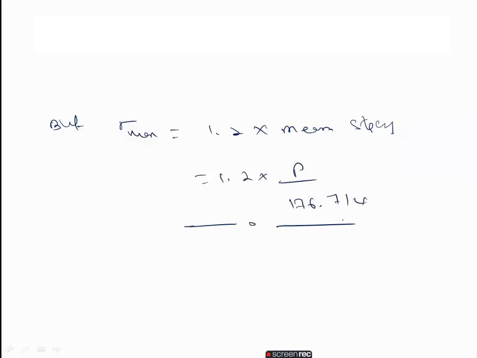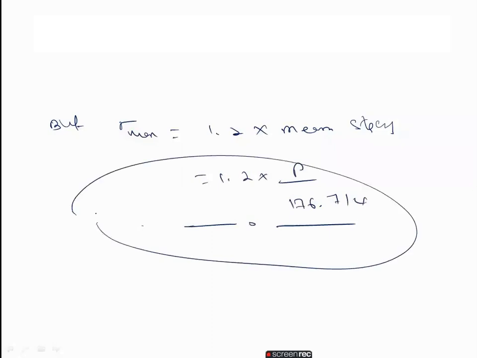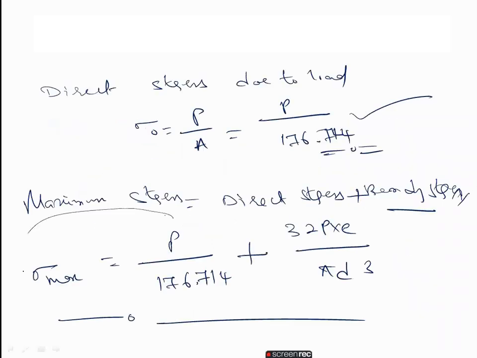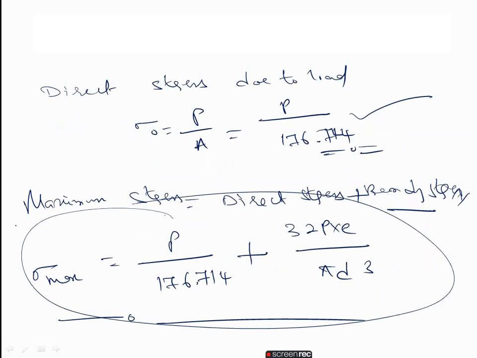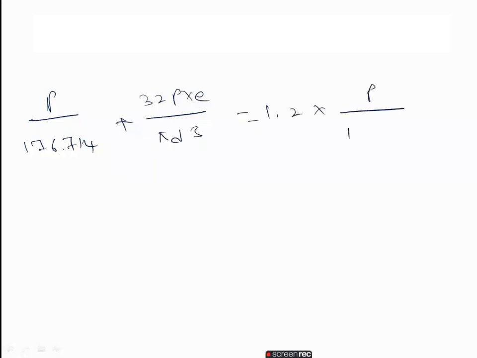So now equate this one with this one, and we will get the eccentricity value. Now I will equate both: P by 176.714 plus 32 P into E by pi D cube equal to 1.2 into P by 176.714.